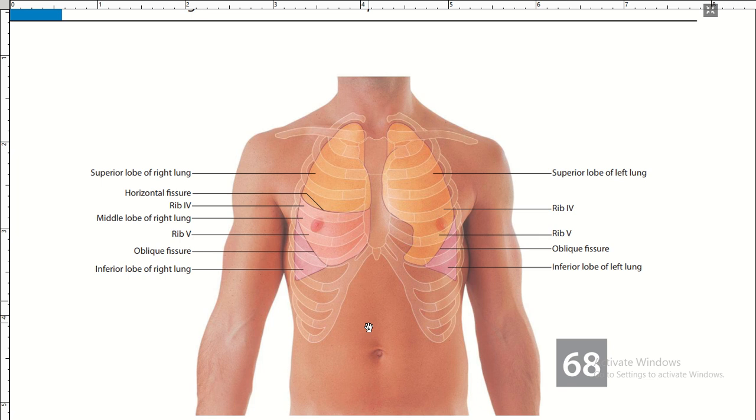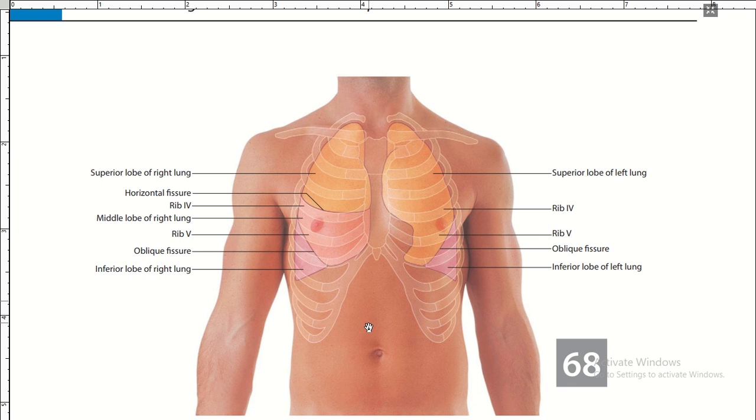You understand? But in quiet expiration, you have the fixing of your 12th rib by the quadratus lumborum muscle, a muscle of the posterior portion of your abdominal wall. We're going to talk about it later.